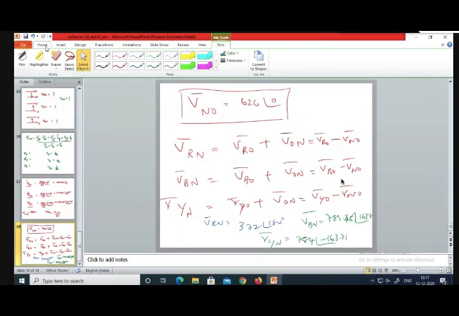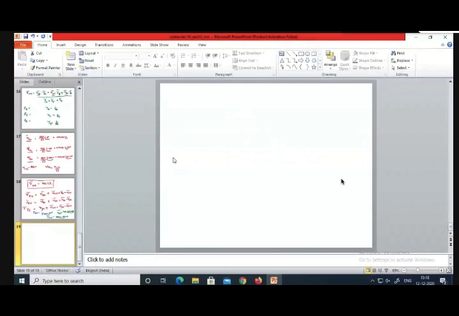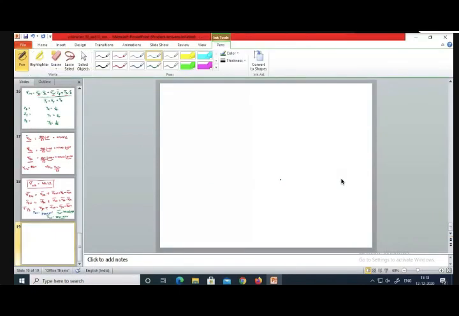We have to write the phasor diagram. The reference you can keep as anything. You can keep the reference as the first voltage, VRO. This is the reference voltage.